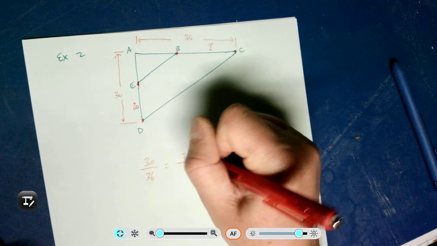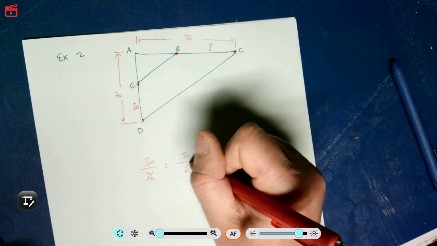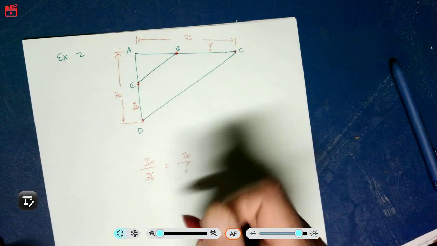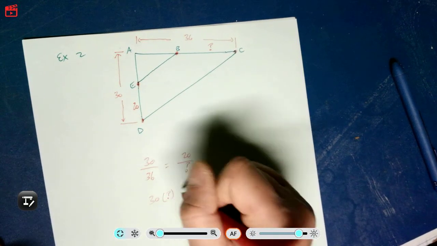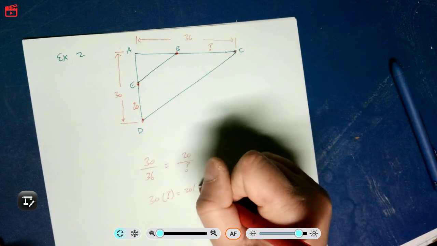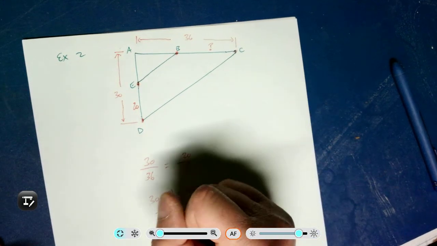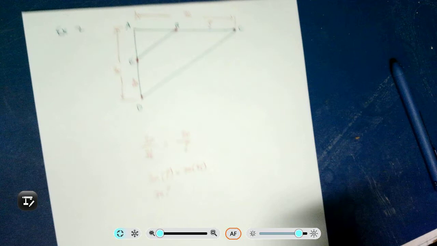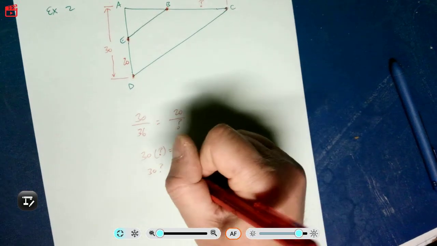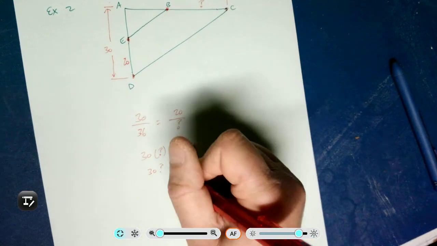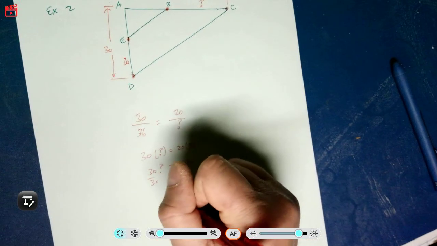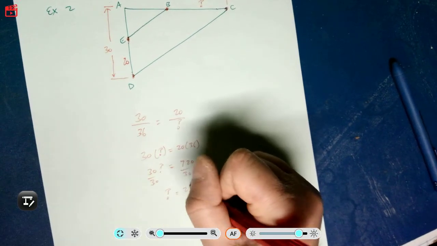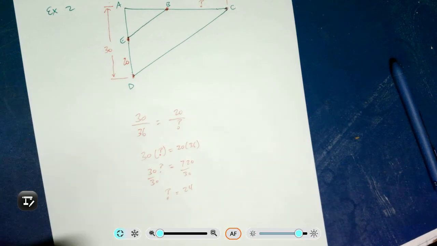So it'll be 20 over the unknown, question mark. Once again, cross multiply. And when I do that, I get 30 times the question mark will equal 20 times 36. 30 times the question mark will equal 720. Divided by 30, the question mark comes out to be 24. So that's one way you could do it.